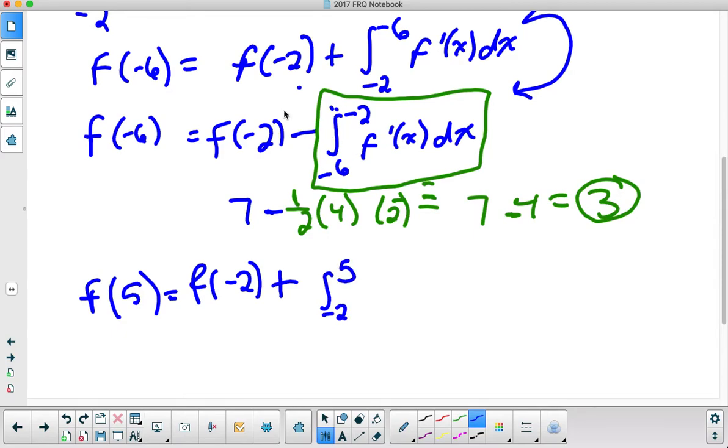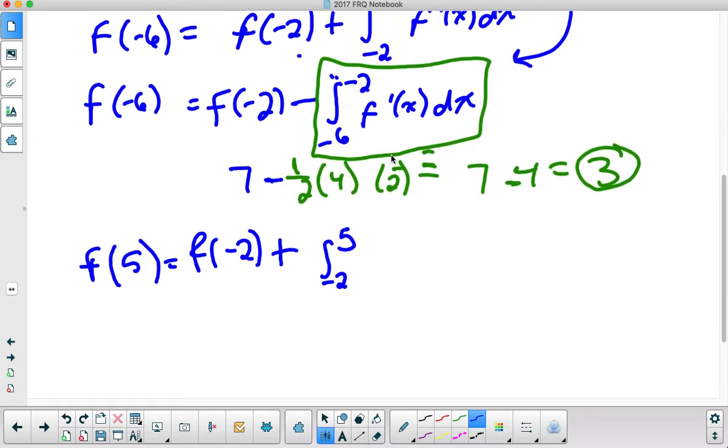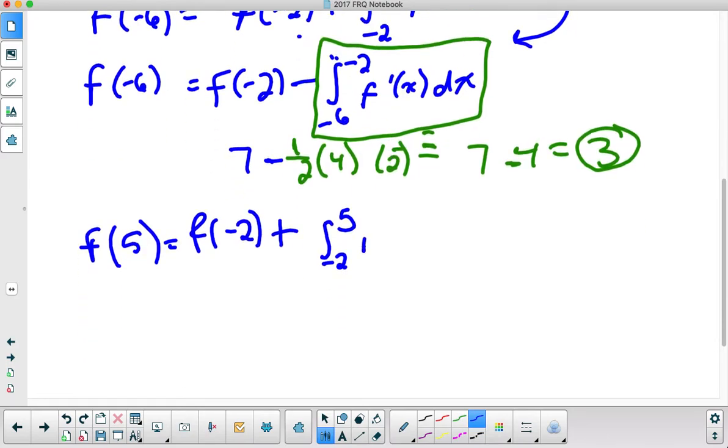In this setup, going from -2 to 5 is already in order from least to greatest, so we wouldn't need to flip those around to make that negative. So that's already set up the way we want it, so -2 to 5 of f prime of x dx.